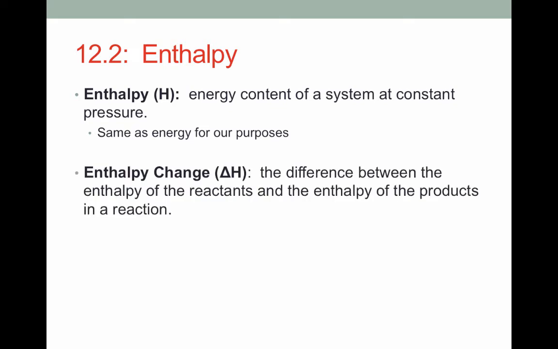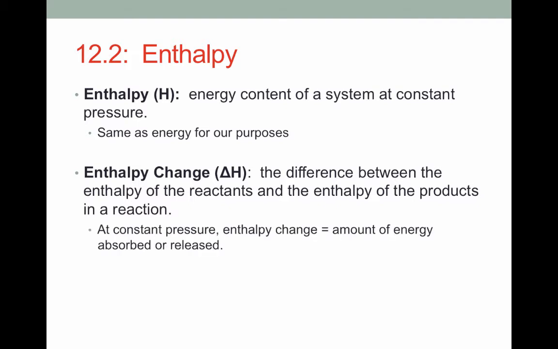An enthalpy change, represented by delta H, is the difference between the enthalpy of the reactants and the enthalpy of the products in a reaction. In other words, at constant pressure, the enthalpy change is equal to the amount of energy absorbed or released by a chemical reaction. Recall that we almost always work at constant pressure, therefore, we'll treat enthalpy change as the amount of energy absorbed or released in a reaction.